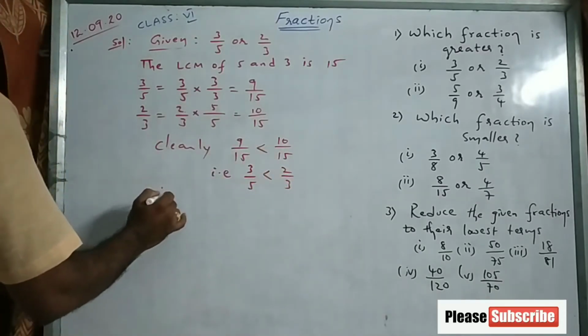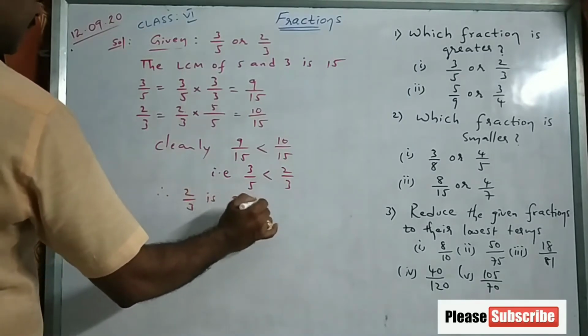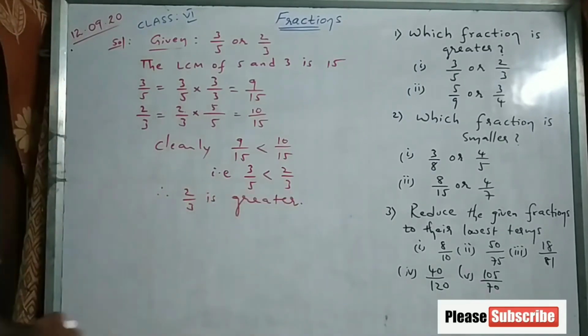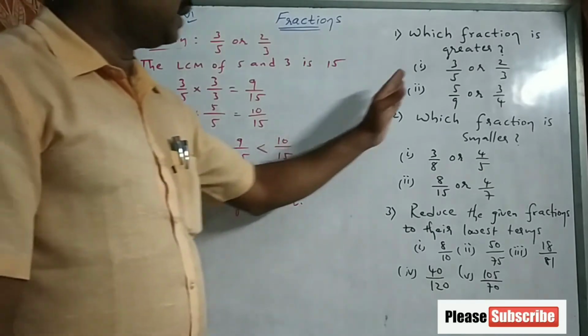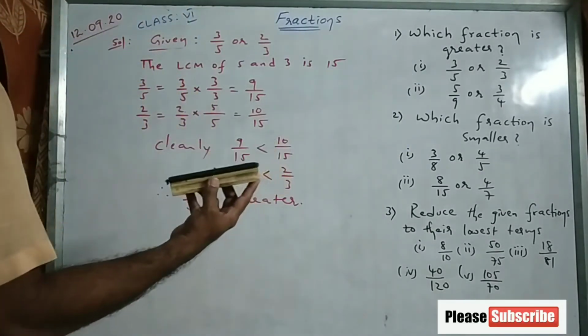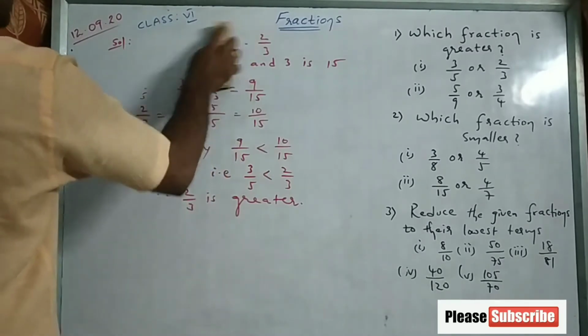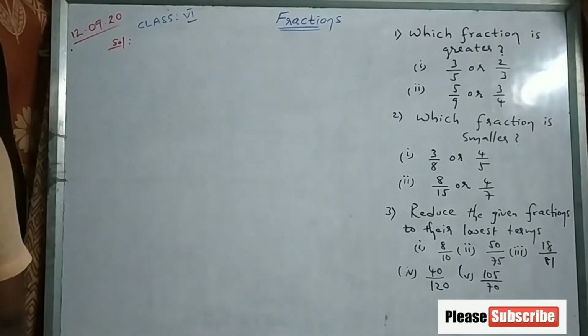So therefore 2 by 3 is greater. Like this you should do. Clear? Simple. Take the LCM of denominators and make the given fractions into equal denominators and you can decide which one is greater. Okay?